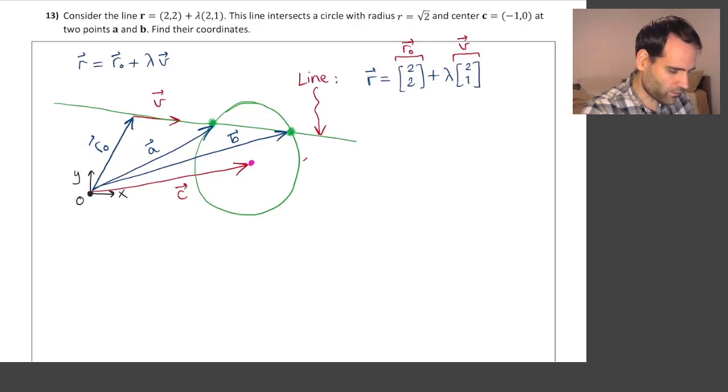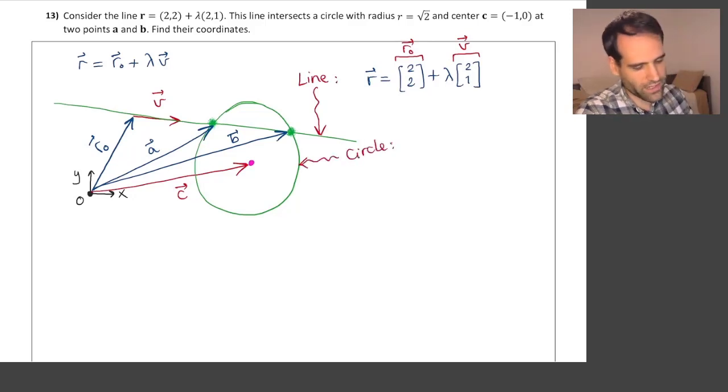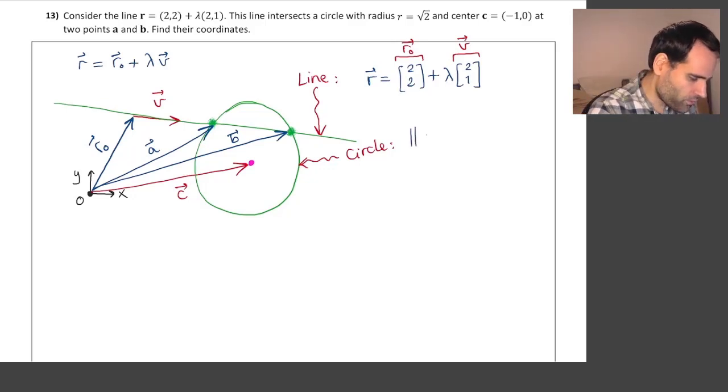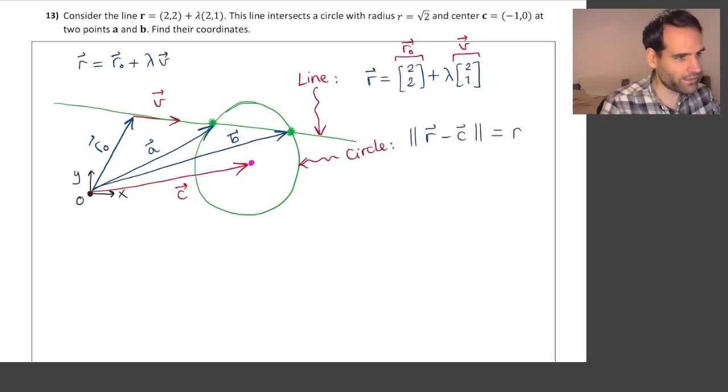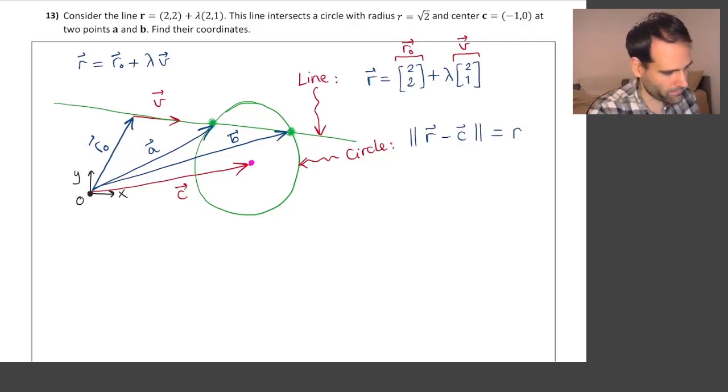Now, what about the circle? So the equation of a circle is written as modulus of r minus c equals a, where a is the radius of this circle. So a would be this value here.